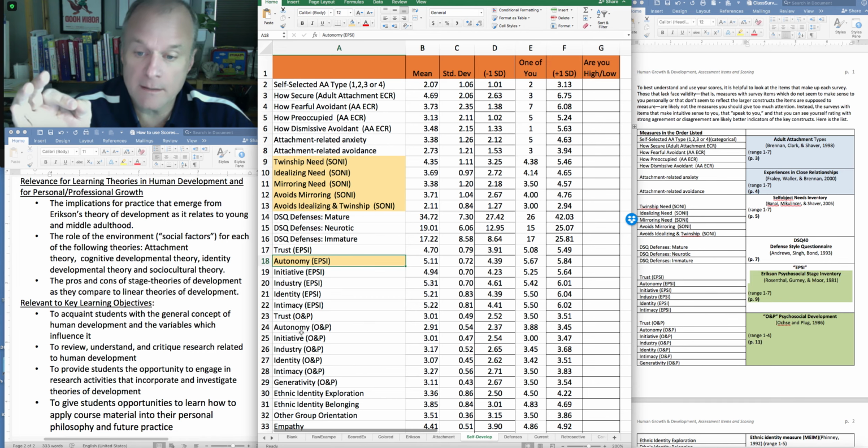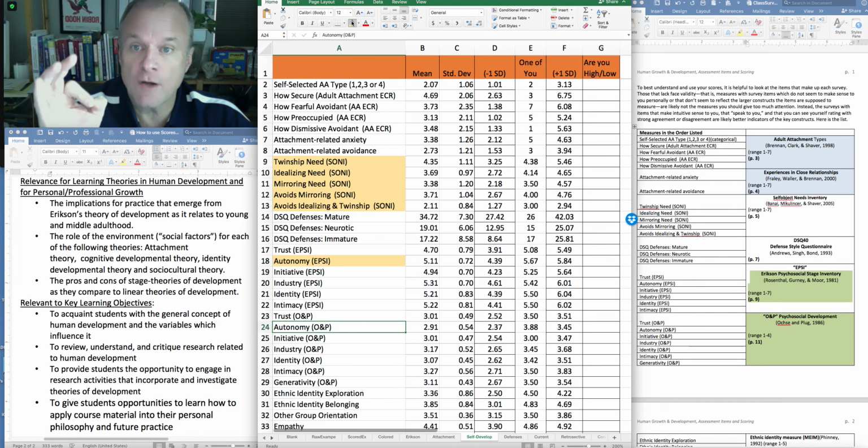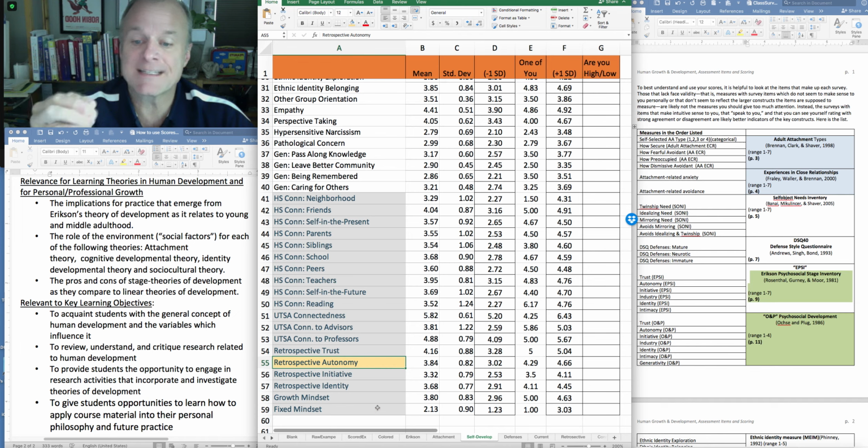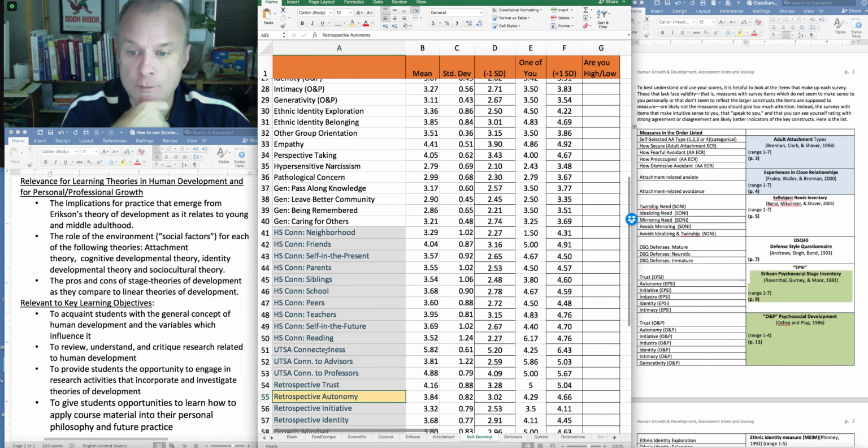So I'm going to highlight that these two autonomy measures, as well as the one from the retrospective, are measuring similar processes. And we'll look in a later video at to what extent these autonomy measures correlate with those scales of that time period. Now, those are the two main ones.